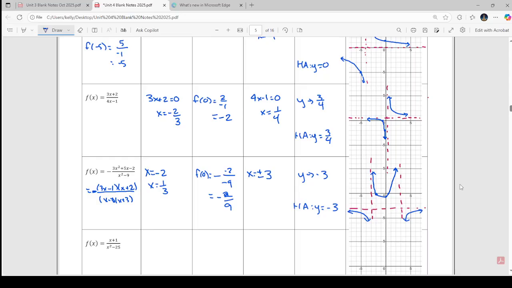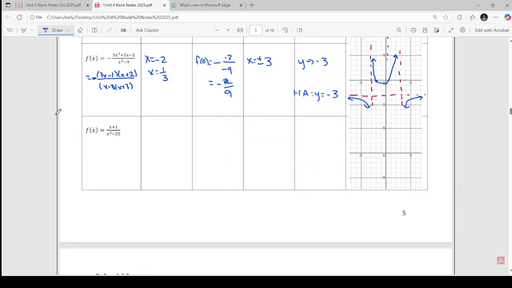So our final example, let's factor our denominator, x plus 5, x minus 5. So our x-intercept comes from when our numerator equals 0, so at negative 1. Our y-intercept will be subbing in for 0, so 1 over negative 25.